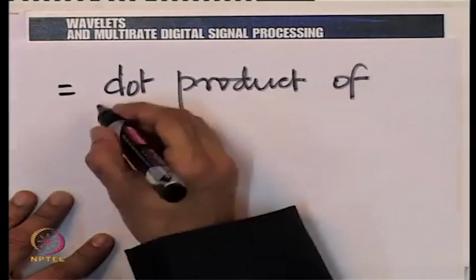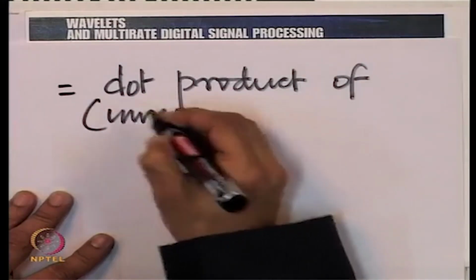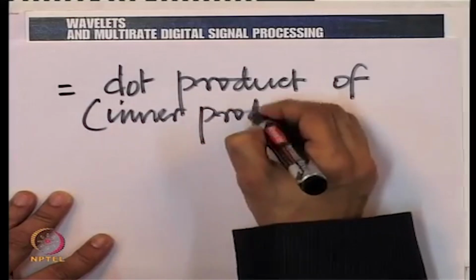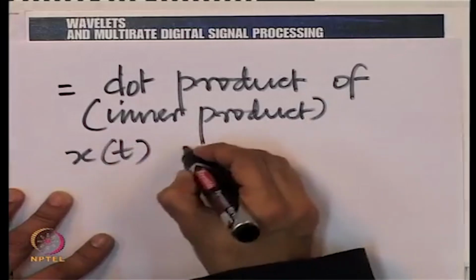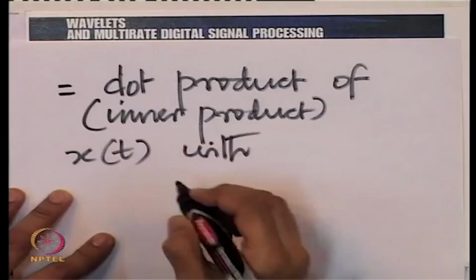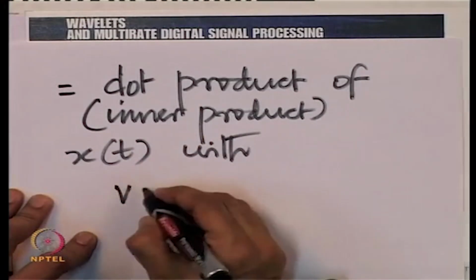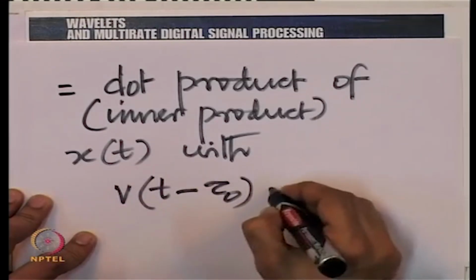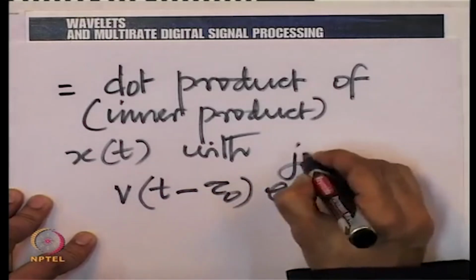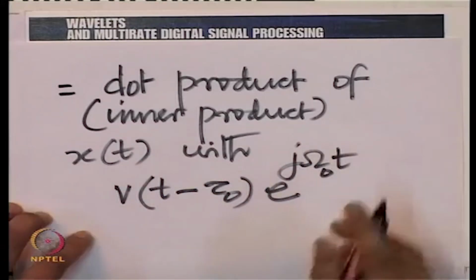A dot product or inner product of x(t) with v translated by tau naught and modulated with e raised to the power j omega naught t.